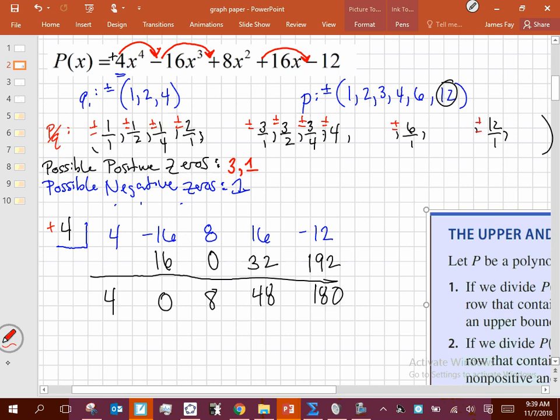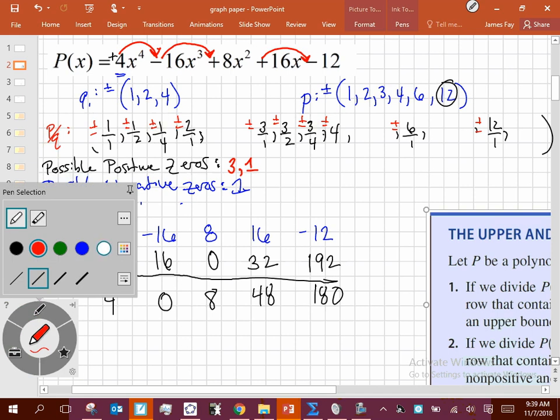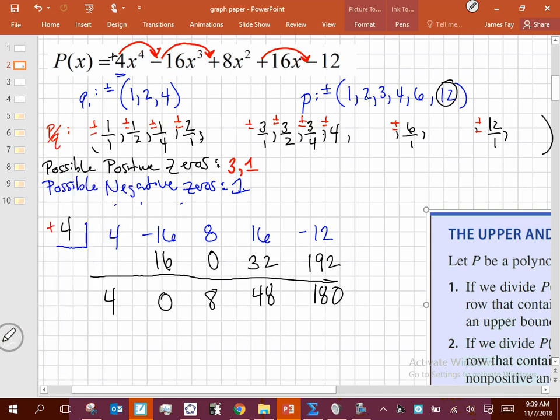In this case, probably not. But I now know positive 4 is not going to work, positive 6 is not going to work, and positive 12 is not going to work. Now, it didn't give me a 0, but just because it doesn't give me a 0 doesn't mean it's not going to give me information. Obviously, we prefer that it gave me a 0, but in this case it doesn't.